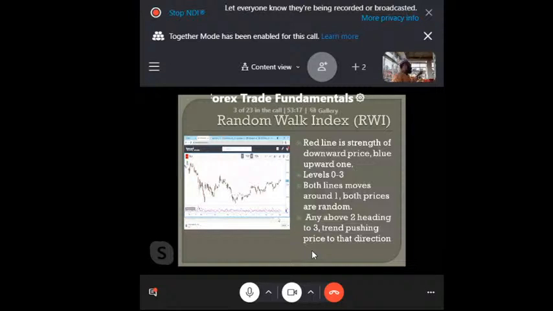So if we have the red line above 2 going to 3, prices will fall down. The market will become bearish. If we have the blue line above 2 going toward 3, then we are expecting prices to go up, and we may have a bullish position. Next slide.